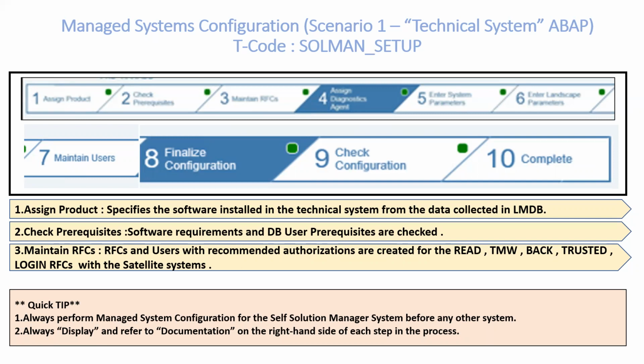The TMW RFC is used for specific functionalities such as business process monitoring, ChaRM, service delivery, and process management. The back RFC is used to return information to Solution Manager, such as for EWA. The trusted RFC is used to gather information about the trusted satellite system.